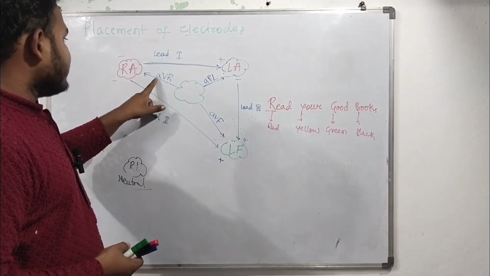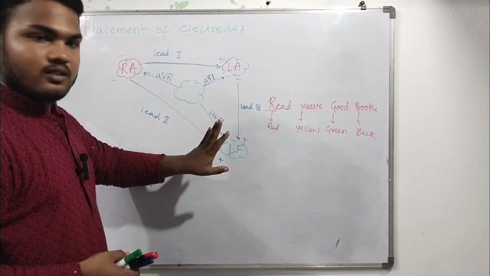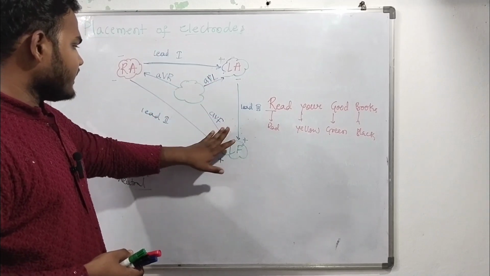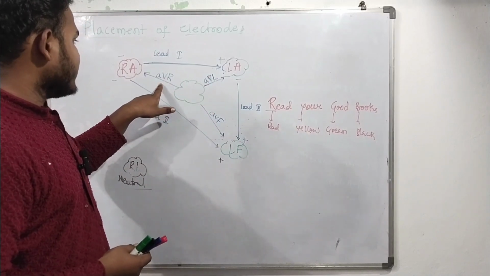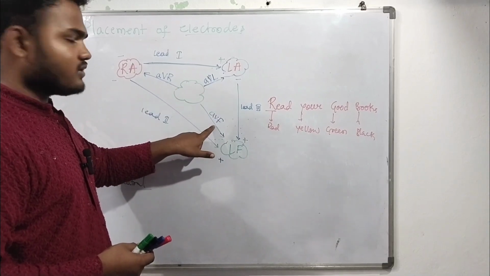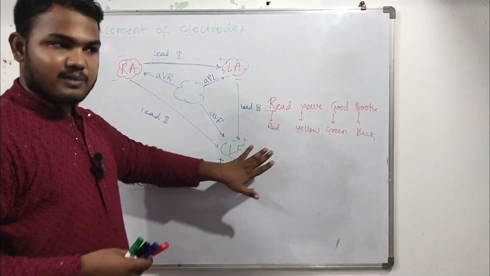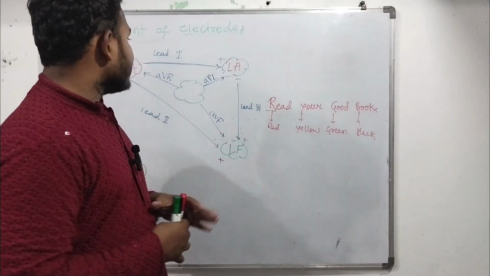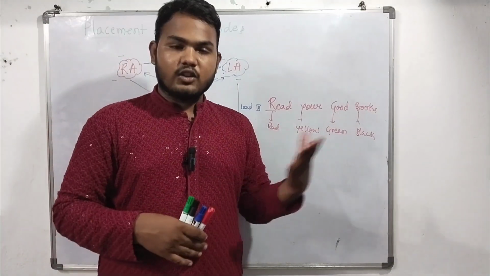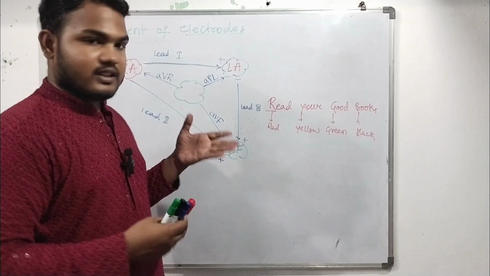What is the first? AVR, AVL and AVF. These are the 6: lead 1, lead 2, lead 3, AVR 4, AVL 5, AVF 6. Okay, these are the 6 limb leads and the chest leads are V1 to V6. Okay, this is all about the placements of electrodes and how the leads are there.